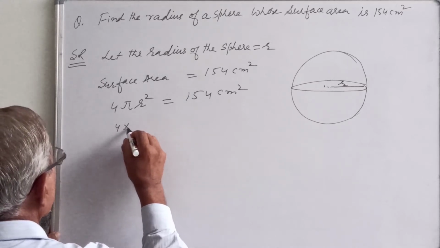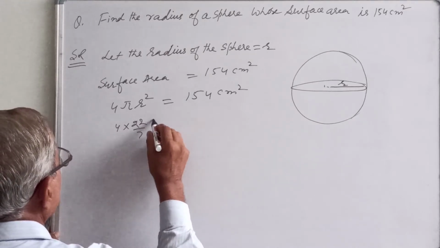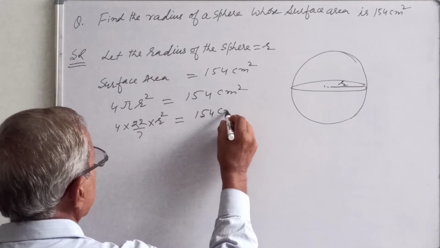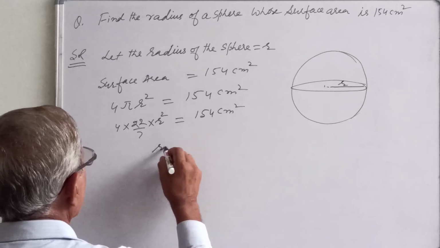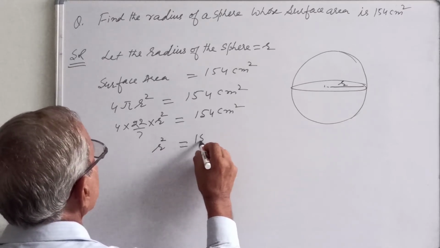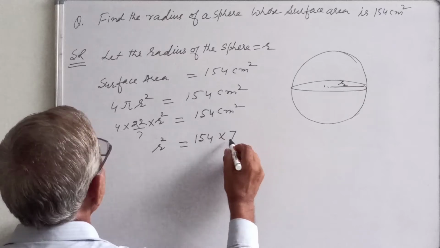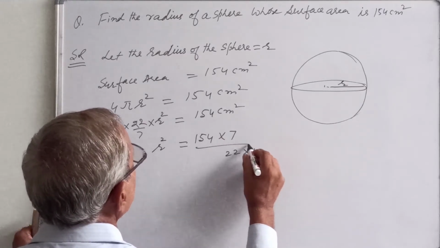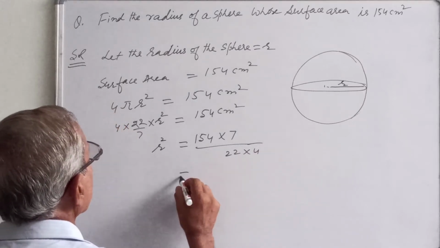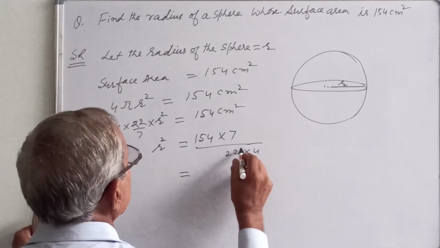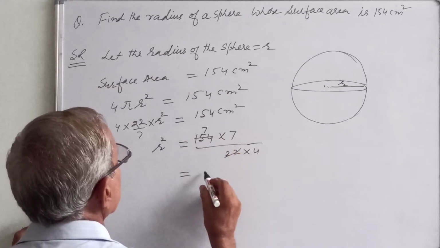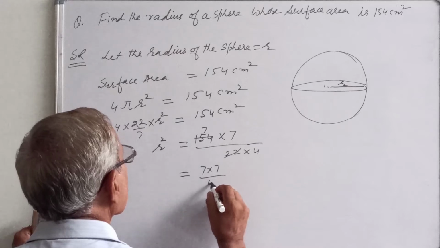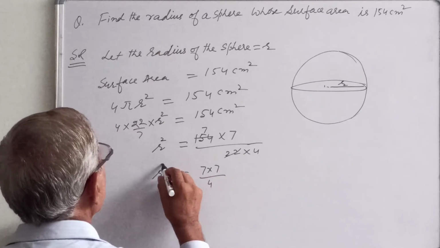So 4 into 22 upon 7 into R square is equal to 154 centimeter square. So R square will be 154 multiplied by 7 upon 22 divided by 4. So that will be R square, 7 into 7 upon 2 into 2.